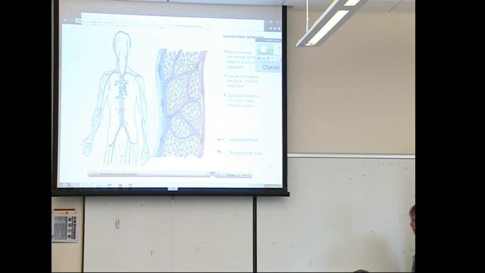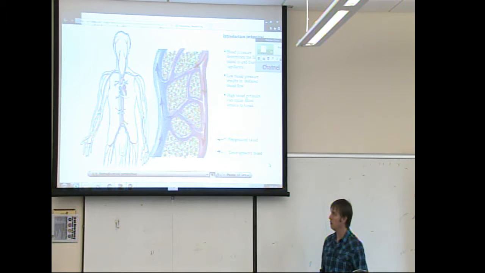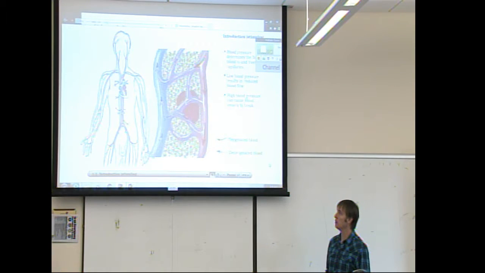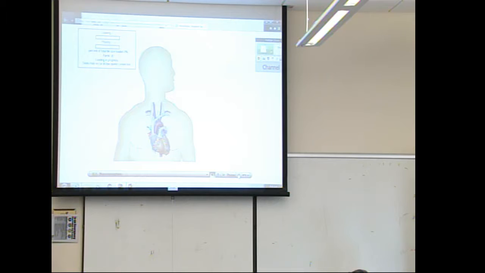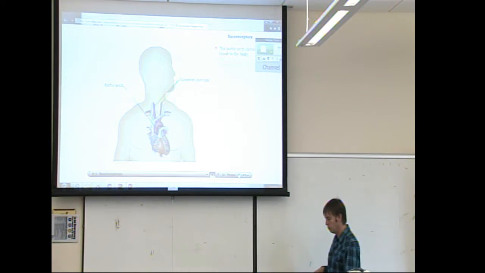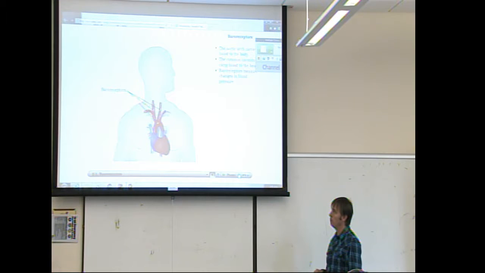If the pressure is too high, blood vessels can break, causing internal bleeding and possibly strokes. The aortic arch and common carotids are arteries that supply blood to critical areas of the body. The aortic arch supplies the body, and the common carotids supply the head. Within these major arteries are structures called baroreceptors that measure blood pressure and send nerve impulses up to the brain.